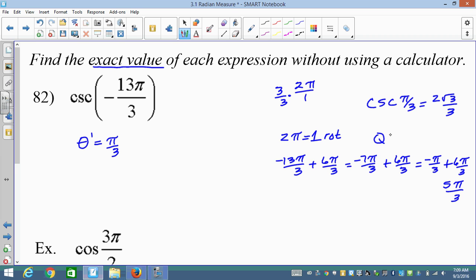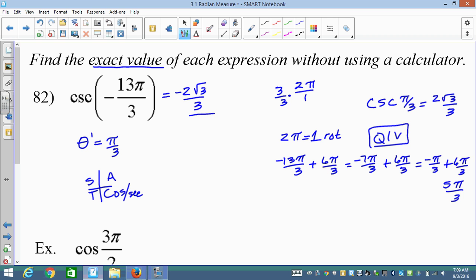And in quadrant 4, All Students Take Calculus, this is for cosine and secant. Cosecant is going to be negative as well. So your answer is negative 2 radical 3 over 3.